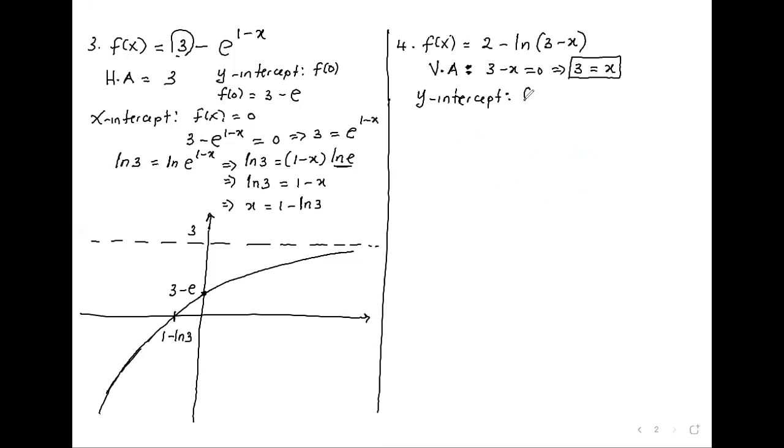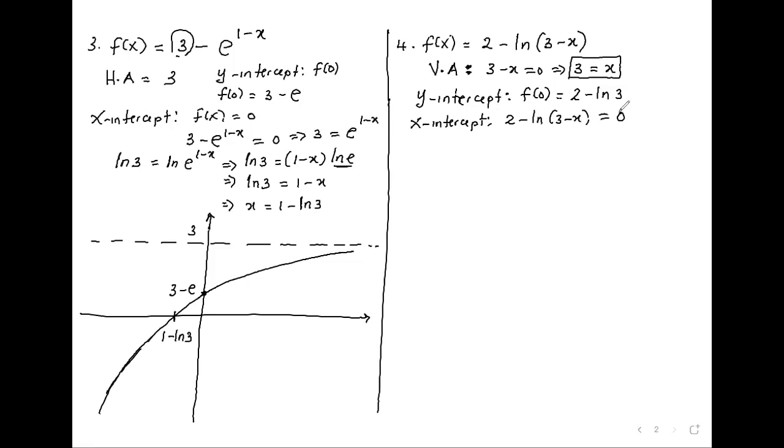Y-intercept, f of 0 is equal to 2 minus ln 3. This is a positive number now. And then x-intercept, you equate 2 minus ln of 3 minus x to 0.